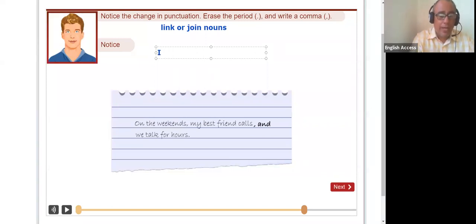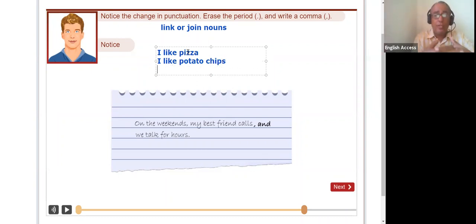For example, I like pizza, a very easy example. I like potato chips, two things that we eat all the time. To link these two sentences or the nouns pizza and potato, it's not necessary to change I to lowercase or a small i.